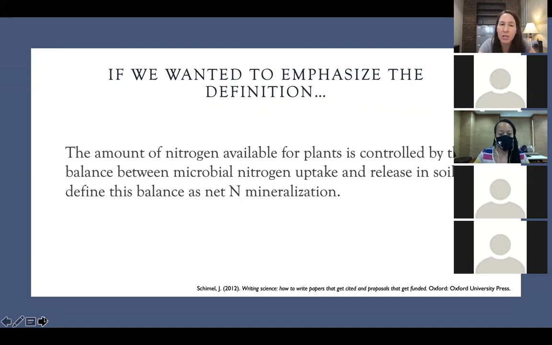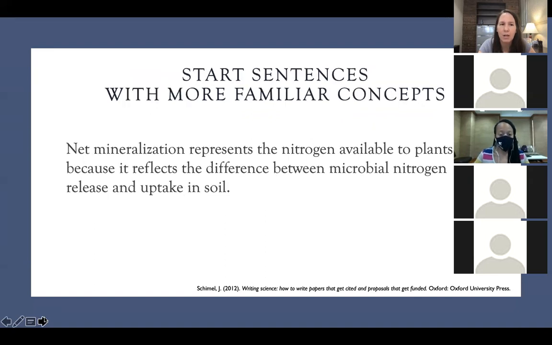Do you see how this is much easier for a reader to take in the information? If you start off with something they're unfamiliar with, there's no scaffold for them to build the information that they're reading. They're going to read through until they get something they're familiar with. They're not going to remember what they read that they were unfamiliar with.